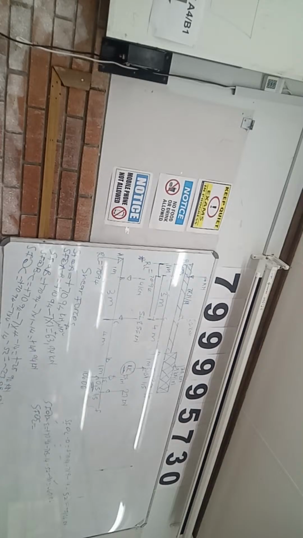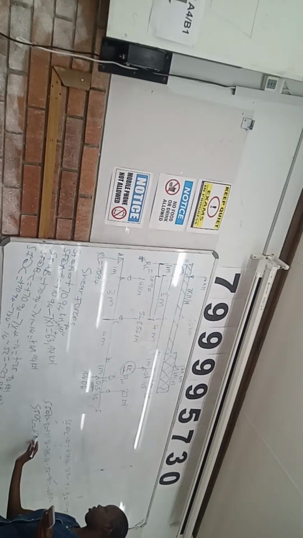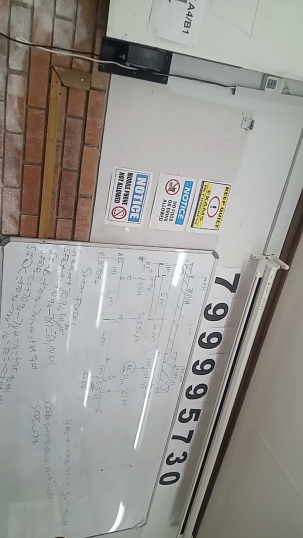Shear force at E: positive 7.94 minus 7 times 8, minus 14, minus 52, minus 9 times 1, minus 28, equal to shear force at E. Do we subtract 28?